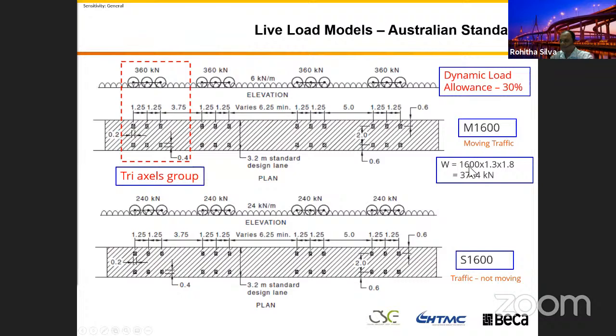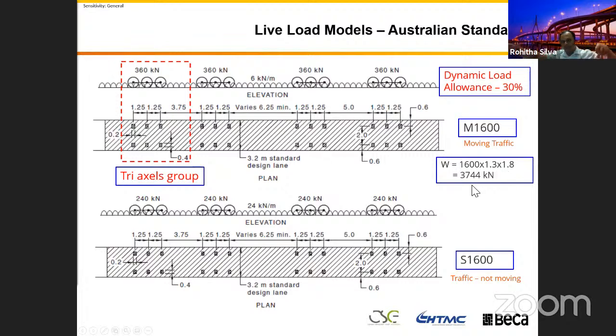I just have a small calculation in here. M1600, 1600 kilonewton, dynamic load allowance or dynamic magnification, 30%. That means it's increased by 1.3. This load is the static load, in the serviceability limit state. If you want to convert that in the Australian standard to ultimate limit state, you multiply this by 1.8.